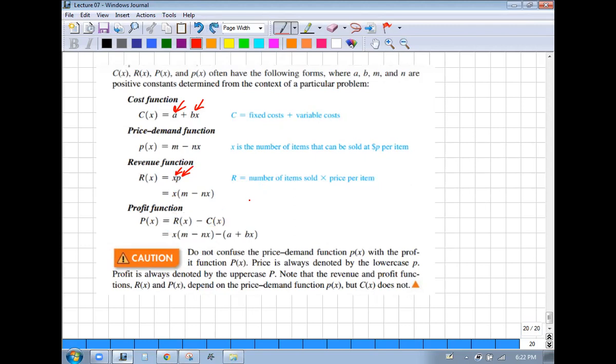Okay, here we go. We're taking p here, substituting it in there. I don't know what m and n represent though. Positive constants, I get these. x is the number of items that can be sold. If you take the number of items, multiply it by, I don't know what the m and the n are. Price demand function.